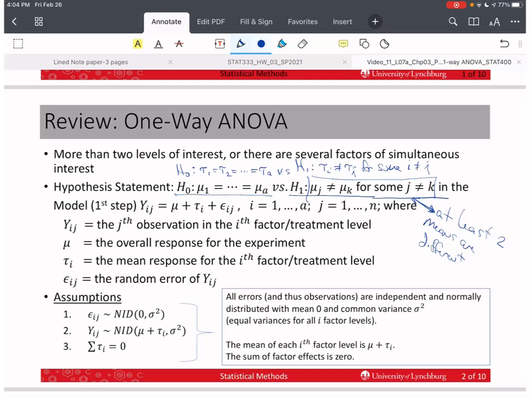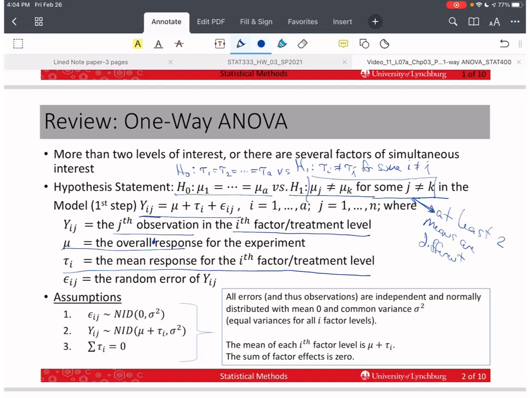Okay. And then we have the model, and it can be written in terms of treatment effects or in terms of mu i. And Yij are the observations, the jth observation of the ith factor or treatment level. Tau i is the mean response for the ith treatment level. Mu is the overall mean response.